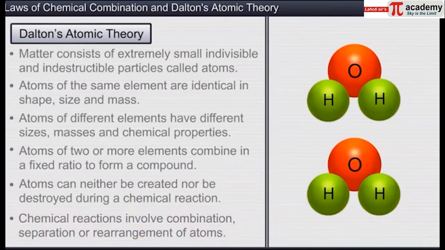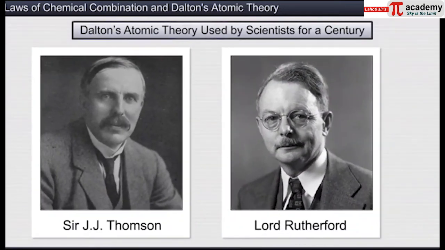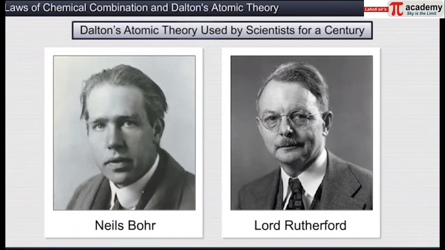Scientists used Dalton's atomic theory for a century. However, in the beginning of the 20th century, scientists like Sir J.J. Thomson, Lord Rutherford, and Niels Bohr came up with new findings, which revealed some drawbacks in Dalton's atomic theory.